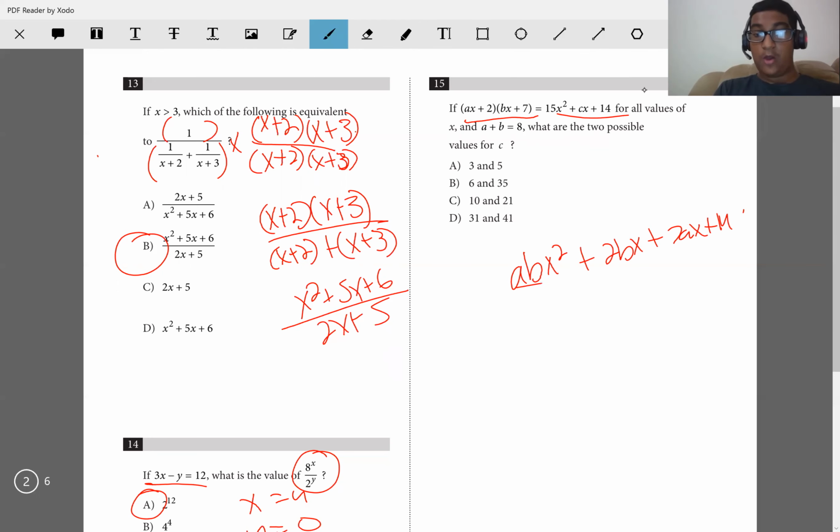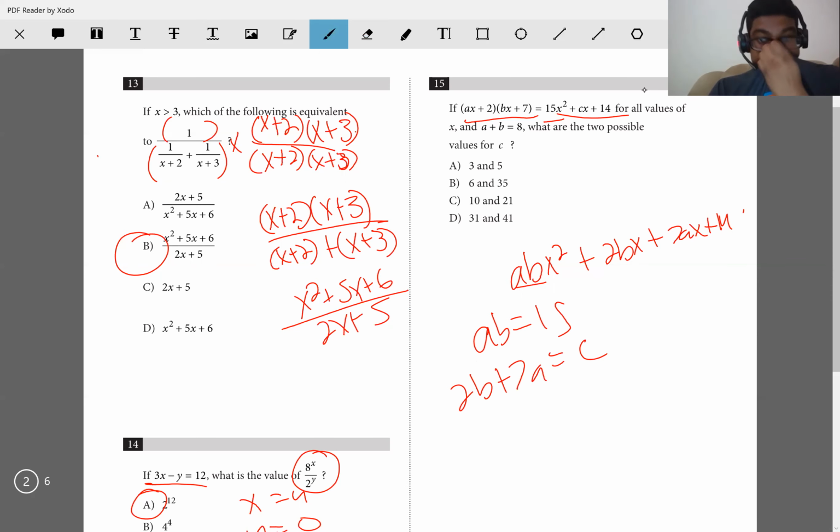So right now I know AB has to equal 15. So AB equals 15. And I know 2B plus 7A has to equal C. So 2B, my bad. Let me just fix that. So 2B plus 7A equals C.